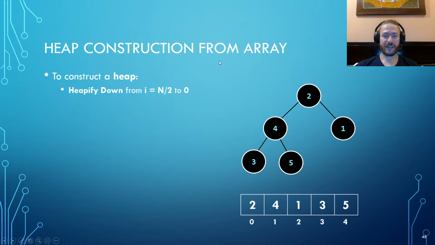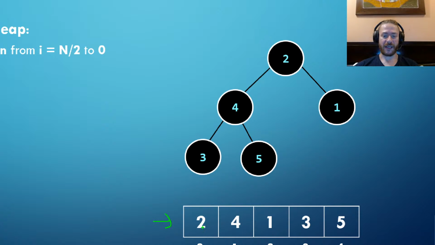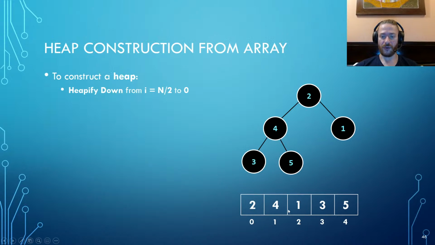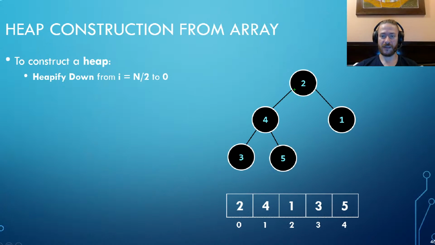How to construct a heap from an array. For example, if we have the following array, we need to create a heap. So we need to change all the values in such an order to construct a valid heap.